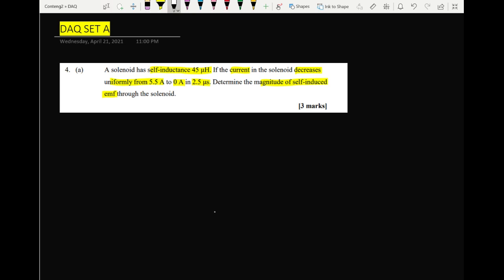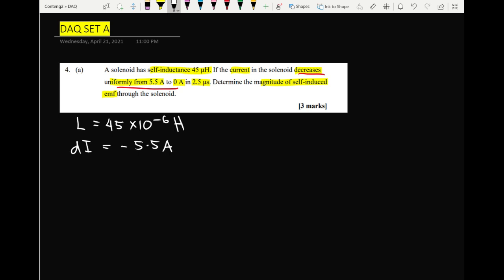So L is 4.5 micro, which is 10 to the power of negative 6 Henry. And the current was stated as decreasing, from 5.5 to 0. So it means your dI is negative 5.5 ampere.